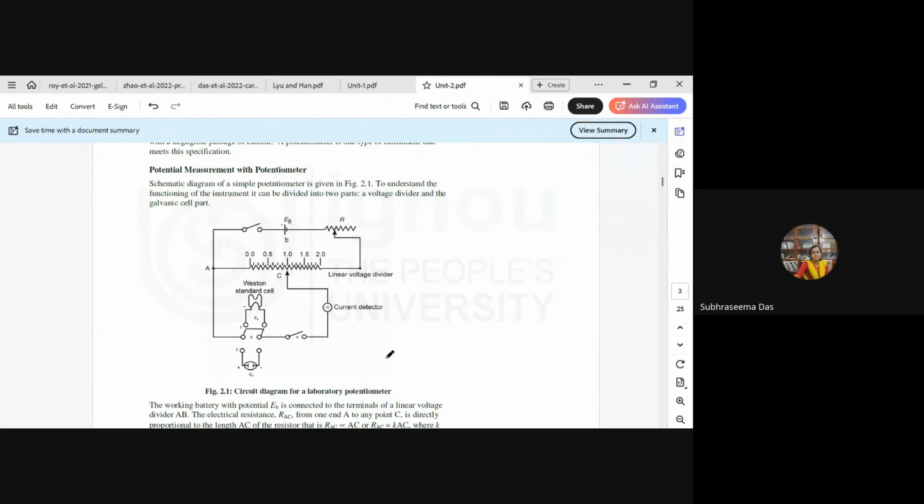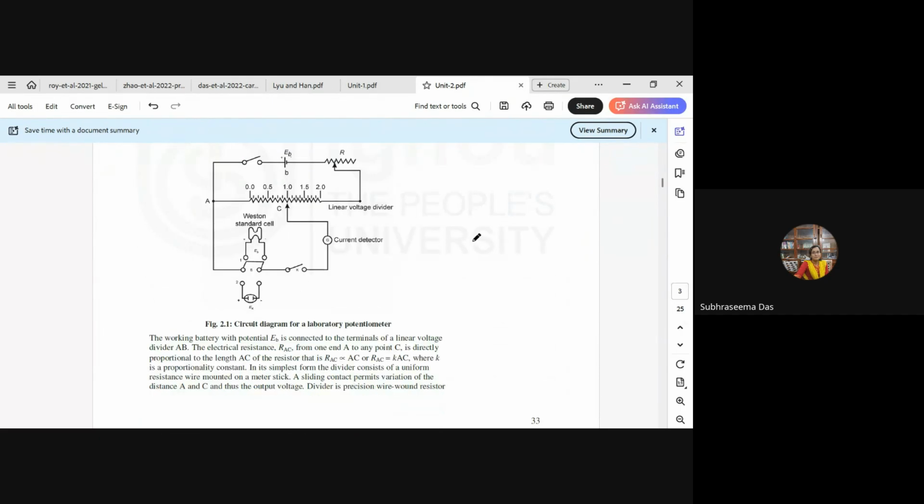If we look at figure 2.1, it represents the circuit diagram for a general laboratory potentiometer. The working battery with potential EB is connected to the terminals of a linear voltage divider.